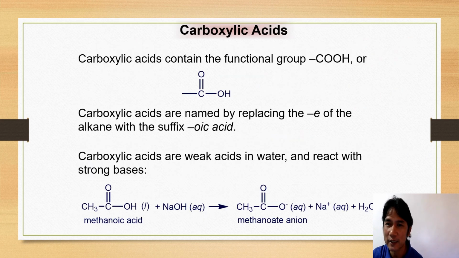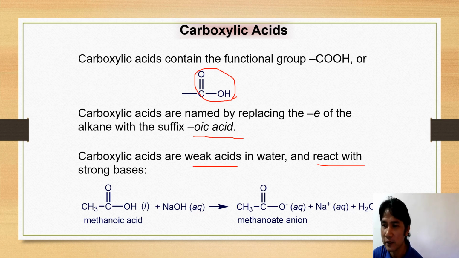Okay, carboxylic acid, as I said earlier, this is the carboxyl group. When we name a carboxylic acid, it ends with oic acid. Carboxylic acids are weak acids. They react with a base, could be a strong base or a weak base.